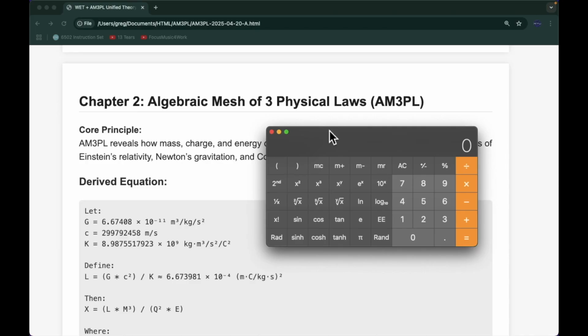So we have G. Let's start with 299792458. Then we need to square it, because it's squared down here. You just square it.